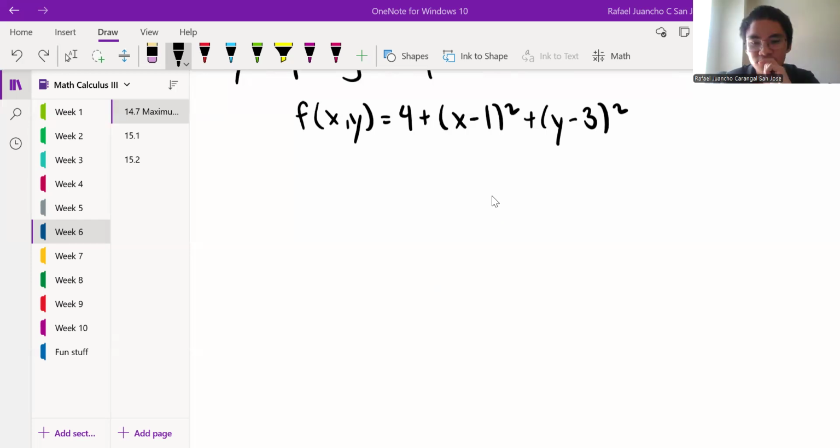Doesn't make sense. Actually, no, it does make sense. It does make sense. And so we have 4 as a local minimum, and that's the absolute minimum as well, right?